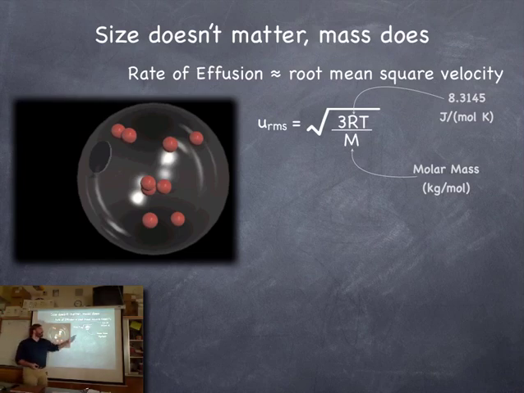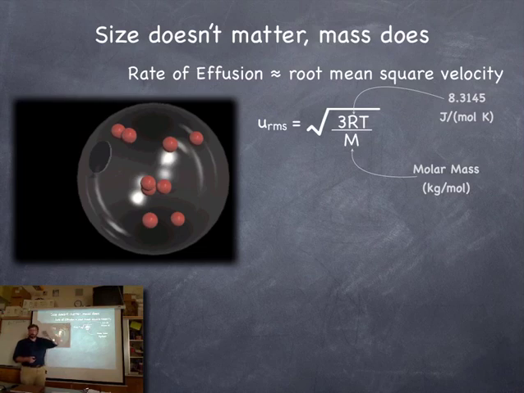But if they have different masses, they will have different velocities. Heavier particles at the same temperature, same kinetic energy, move slower than lighter particles. Lighter particles move faster at the same temperature than heavier particles. Lighter particles will have a higher root mean square velocity and will effuse faster at a given temperature.